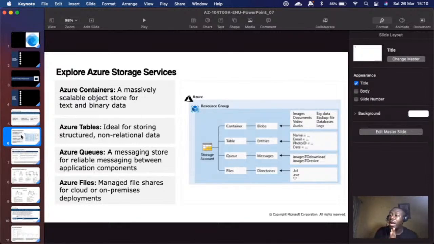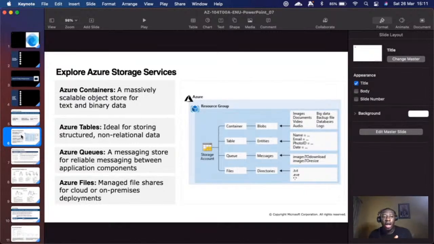The next thing you want to look at is Azure queues. Like I explained to you, these are services under the Azure storage service. Those who practically configure information would always make use of your Azure queues to be able to store maybe some messages.